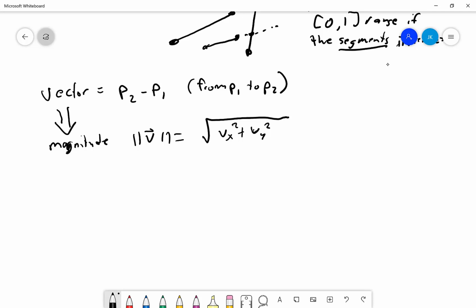We can also normalize it. Often we write a vector with a little arrow over the top, and we write a normalized vector with a hat. We can make it unit length by taking our vector V and dividing it by the magnitude of V. That's going to give us a unit vector.